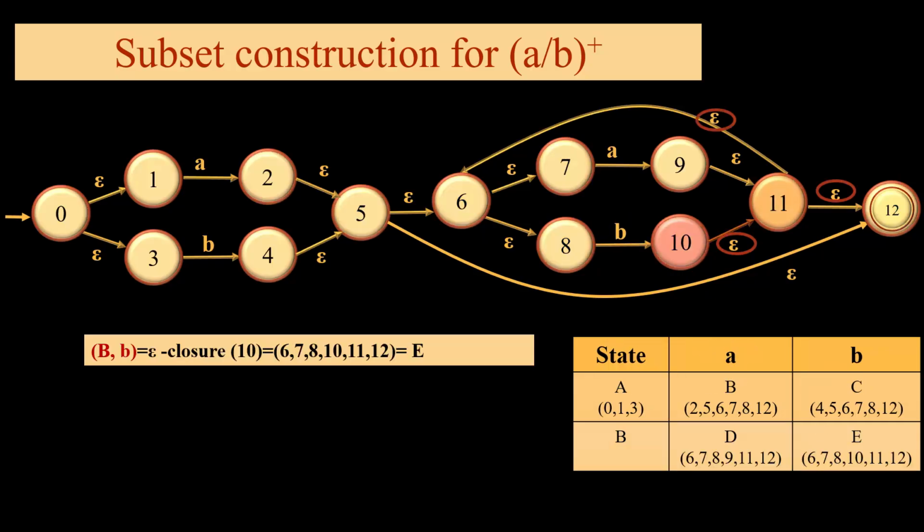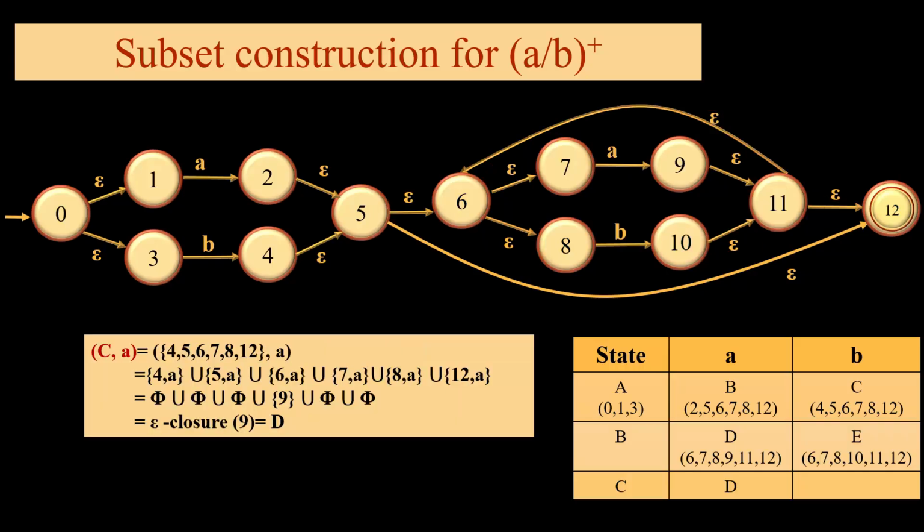Epsilon-closure of 10 includes 10 itself. Along with that we have 11, 12, 6, 7, 8. So we have a new set which we call as capital E, which is epsilon-closure of 10, and corresponding to this we give it set number E. We have an entry B comma B.